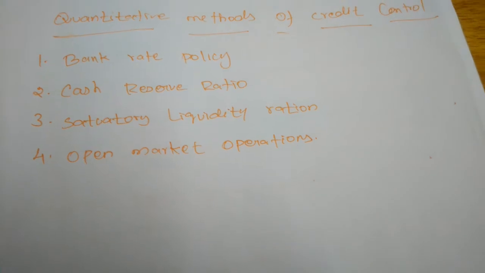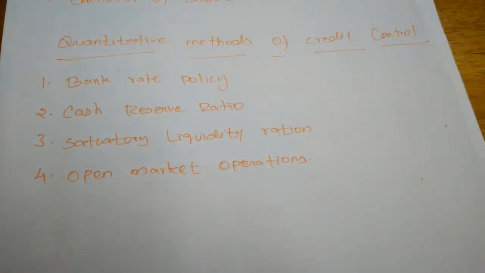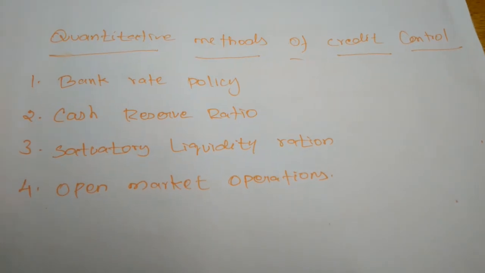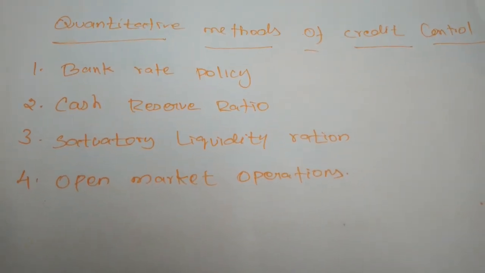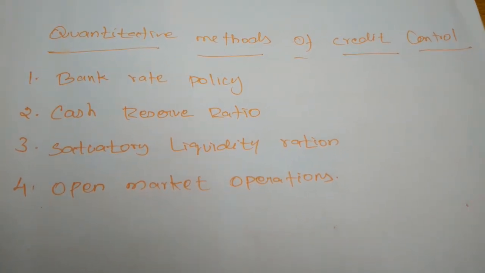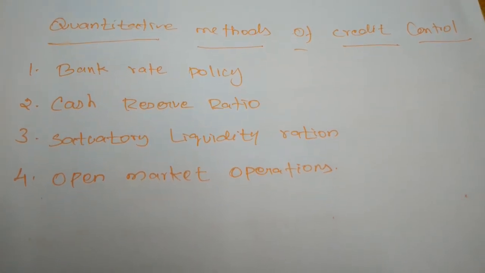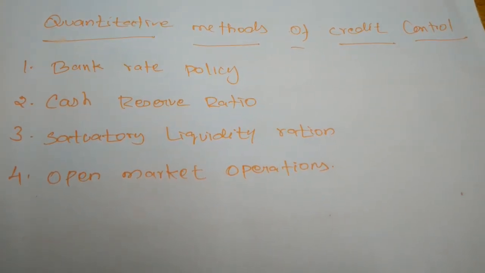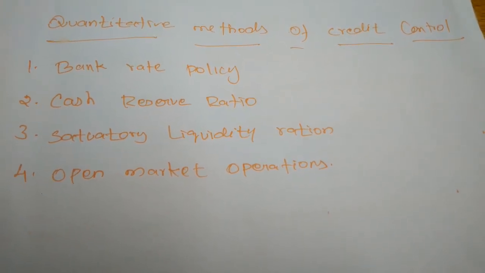The open market operations are also undertaken by the Reserve Bank of India only. On the basis of open market operations, the RBI will sell and buy debentures on behalf of the government. In inflation time, the RBI will sell government securities. When they are selling the securities, the money comes from the public to the government.